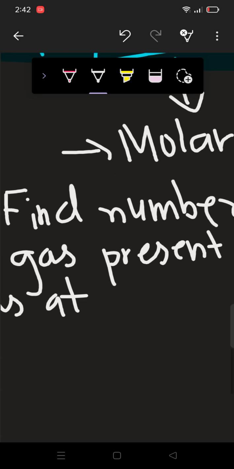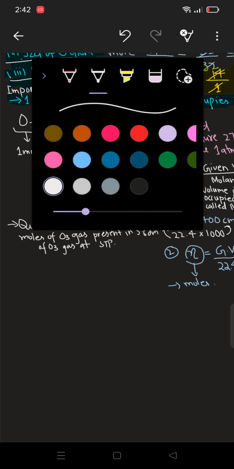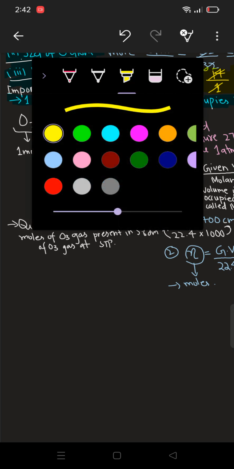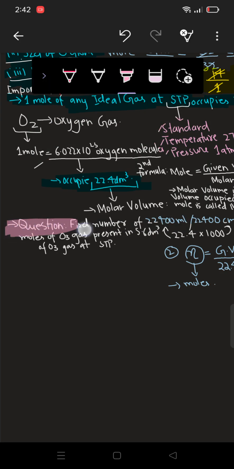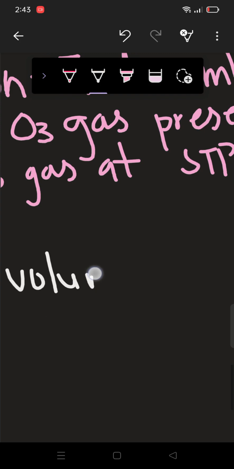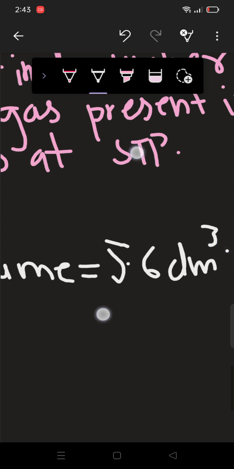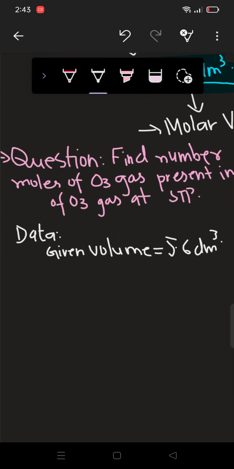Alright, now we are going to follow the proper steps. What are the proper steps of solving any numerical in chemistry or in physics, right? Initially you need to make the data, what is given in the question. So our data is basically here, the volume is given, meaning given volume is 5.6 dm cube, and we know the molar volume of any gas at STP as well, right?